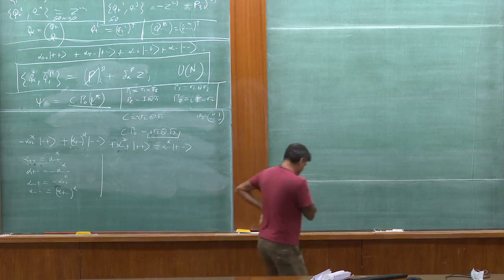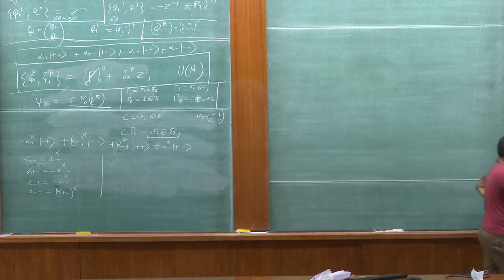The point was that since I've got a complex representation, I could always multiply C by gamma 5. Will that help?